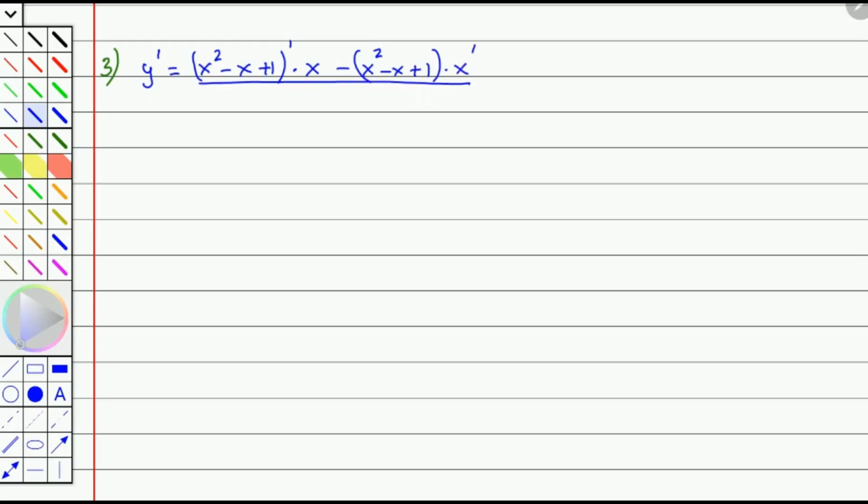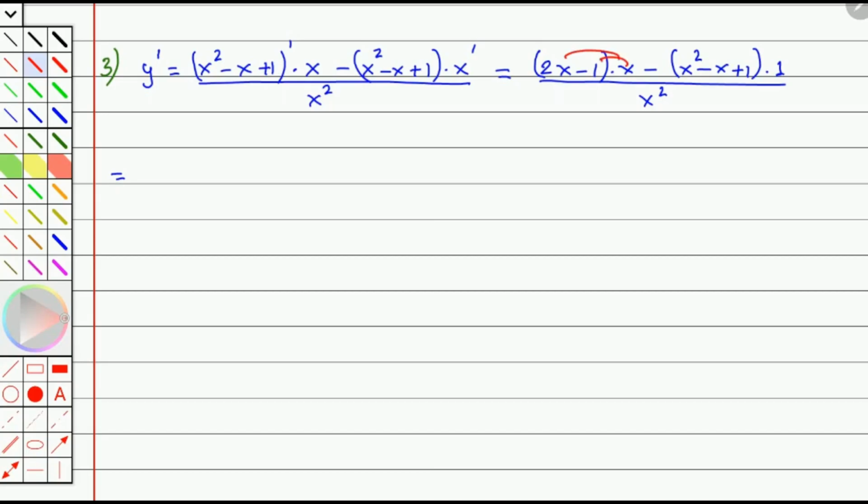Step number 3, y prime equals (x squared minus x plus 1) derivative times x, minus (x squared minus x plus 1) times (x) derivative, divided by x squared. This is equal to (2x minus 1) times x minus (x squared minus x plus 1) times 1, divided by x squared.